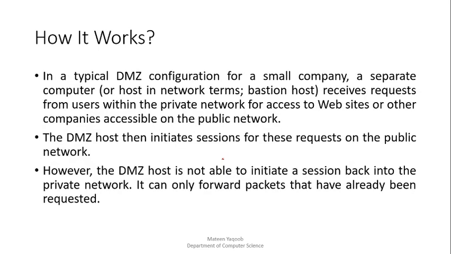In a typical DMZ configuration for a small company, a separate computer, or backbone host, receives requests from users within the private network for access to websites or the web server. The DMZ host then initiates the session for the request on the public network. However, the DMZ host is not able to initiate a session back into the private network, so it can only forward the packets that have already been requested.